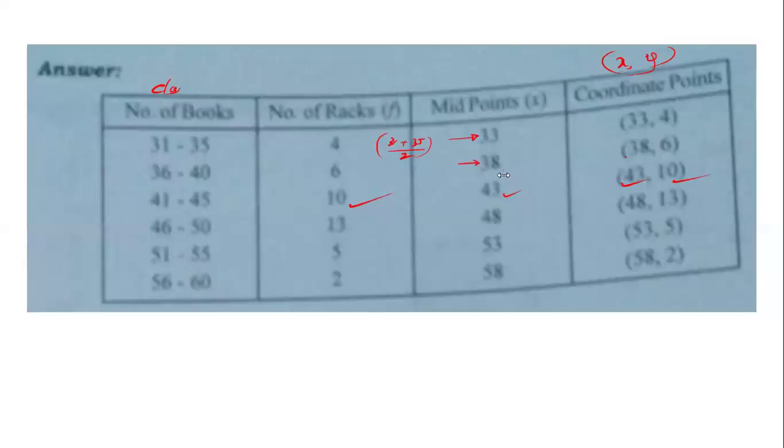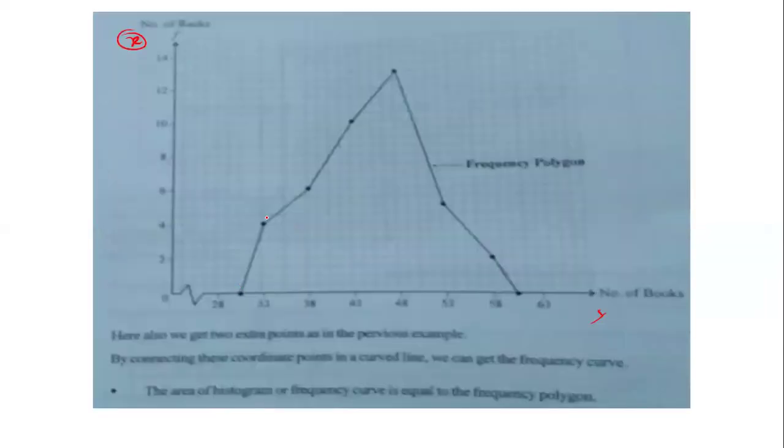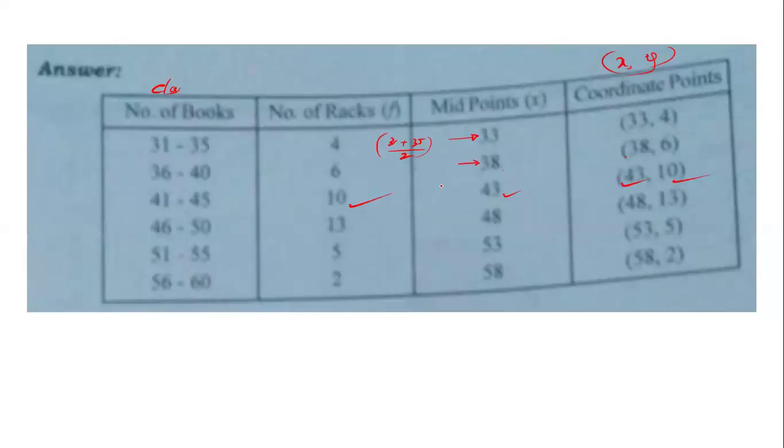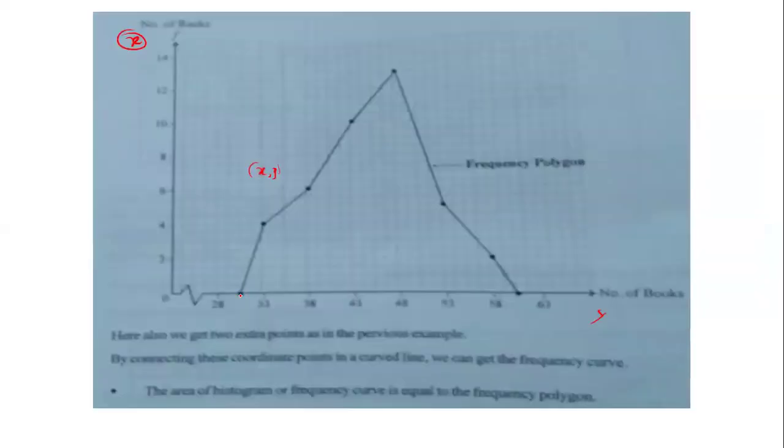Yes. Right. Okay. And after that, normally we have to identify a point. When identifying this point, normally x, y. Assume the first point, the value 33 and 4. Sorry, this should be x and this should be y.